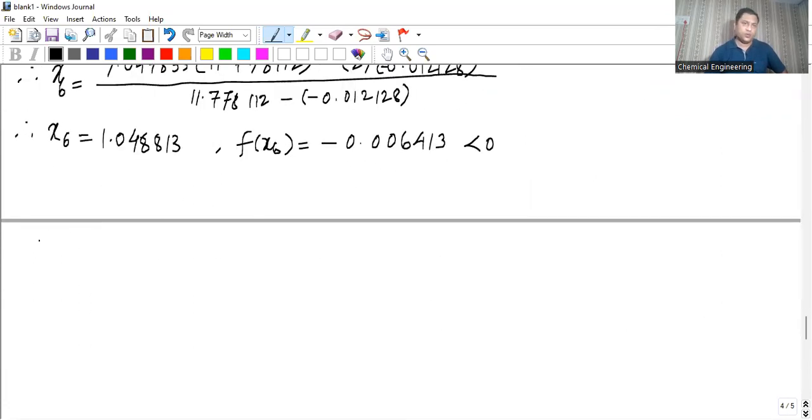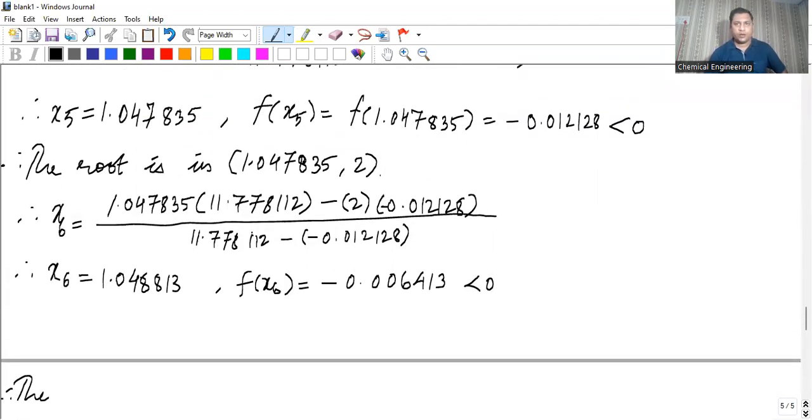Sir, scroll up a little. Yes. So we can say the root is in the interval 1.04881322.